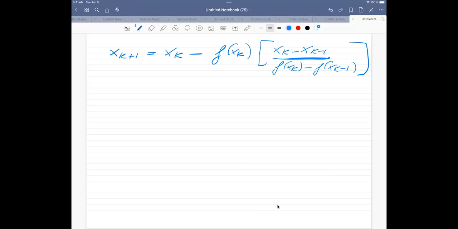Now, what you can show then is that this convergence rate is a little bit worse than quadratic in the error which we have, which is the difference between the previous value of x and the new value. That's how we define the error. So Newton's method is quadratic in that. So that means that the error becomes smaller and smaller. Whereas this one is a little bit more than linear. So we normally call that superlinear.